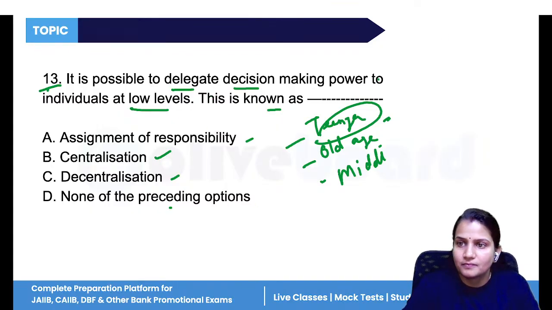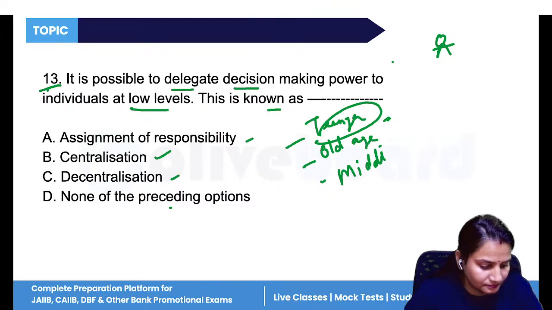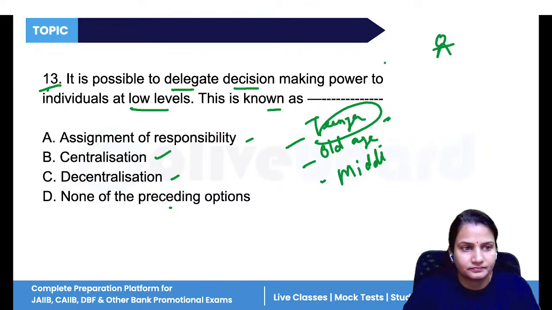Here it says, now who is having decision-making power? Tell me. See, who is having decision-making power? No, A is not correct. The question says it is possible to delegate.